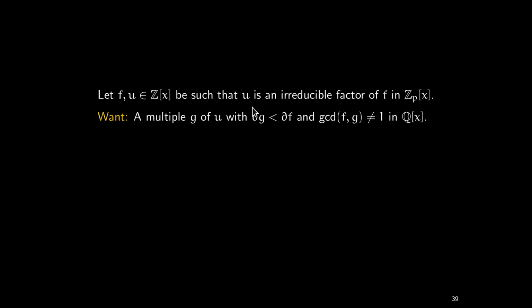Okay, so let's suppose you have f and u, integer polynomials, and suppose that u is an irreducible factor of f mod p. So this is one of the g's.